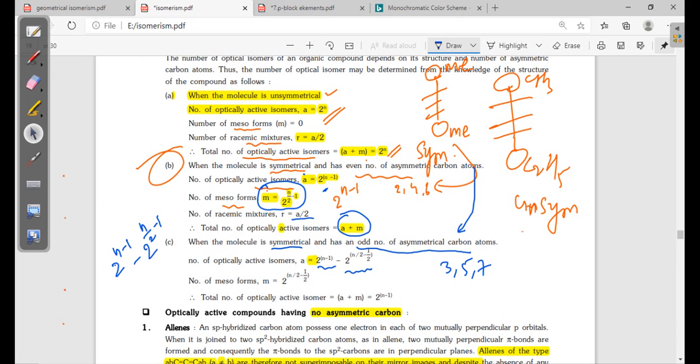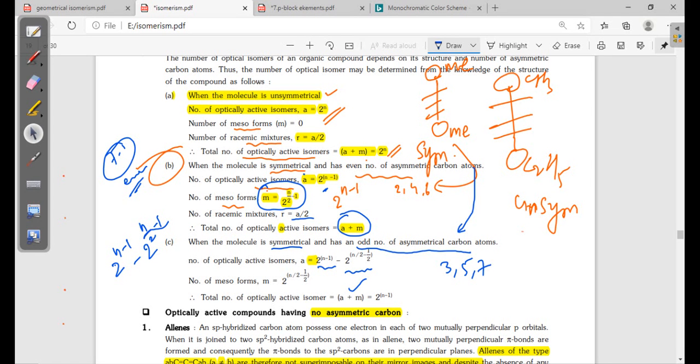For an odd number, we are taking n minus 1 by 2, because the number is odd; subtract 1, then you will get an even number, then divide by 2. Right? Then you have to do total A plus M.